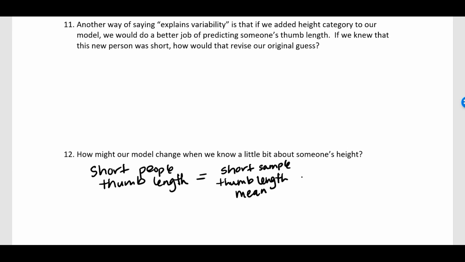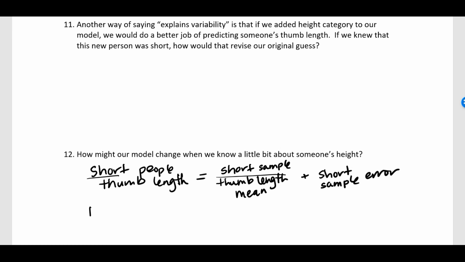It's not going to be exactly that, I know there's going to be some error, so I could use the standard deviation for that short group or some form of estimating. If I know this person is in that half of the class, I look at the mean for that half and adjust accordingly.